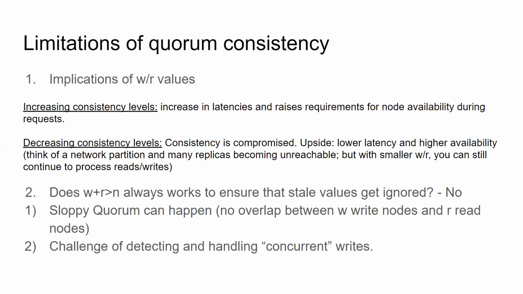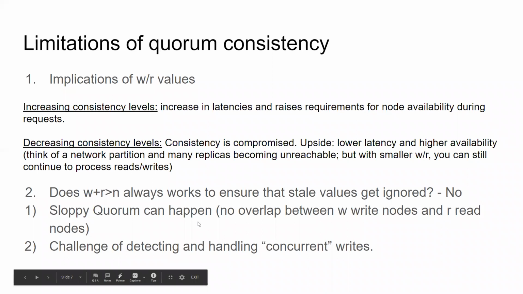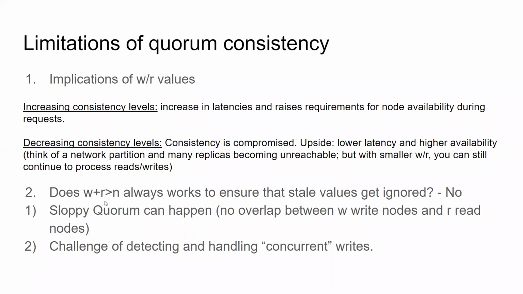Okay, so let's talk about this sloppy quorum. We are choosing W and R in such a way that we always have an overlap. And now I'm making this point that you may not have an overlap. So what is the situation when this can happen?